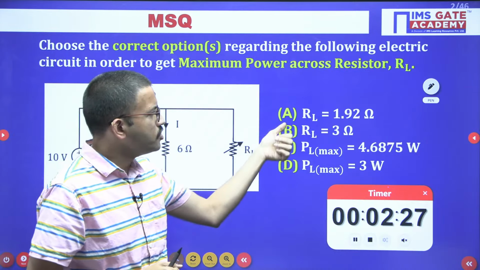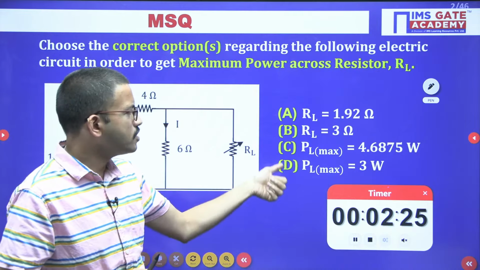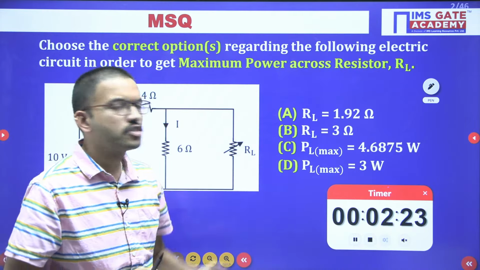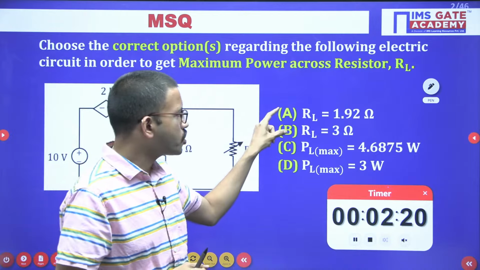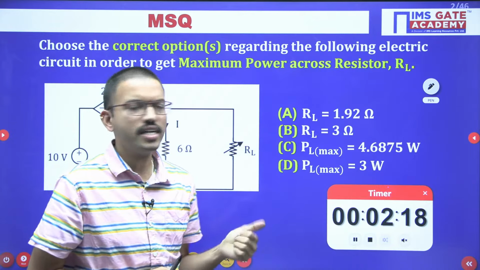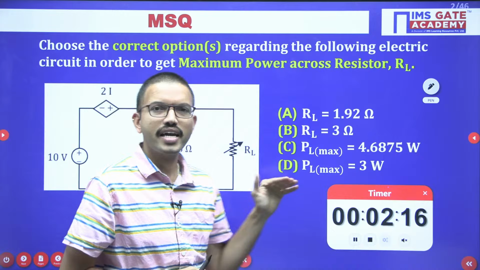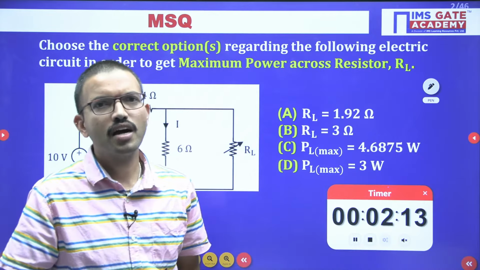Regarding the RL value, you have two choices. Regarding the maximum power across the load resistor, you also have two choices. Among these two choices, at most one option can be correct, and similarly among the other two choices, at most one option can be correct. All of you give it a try.